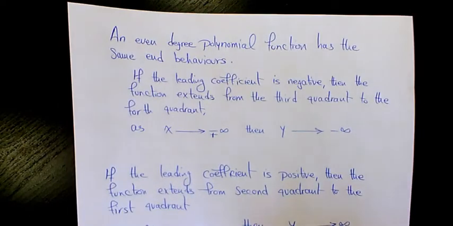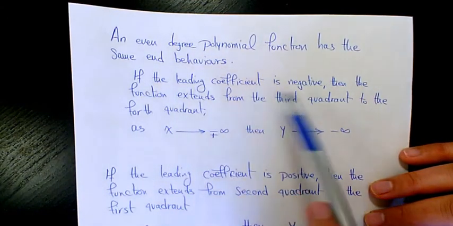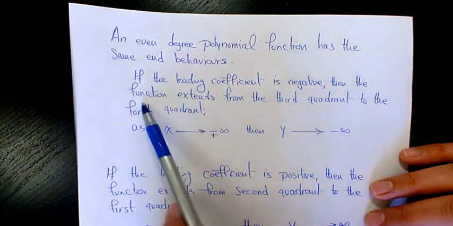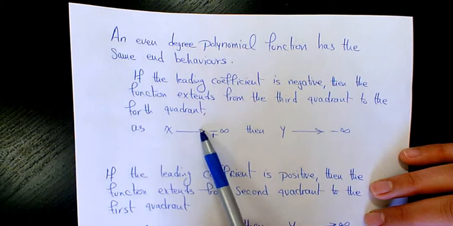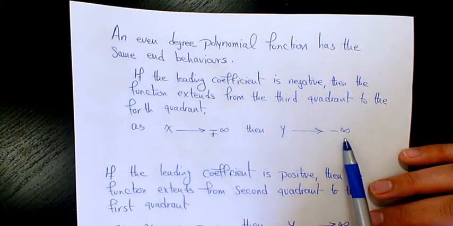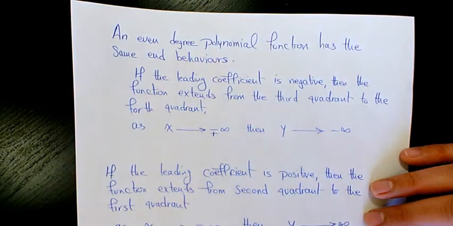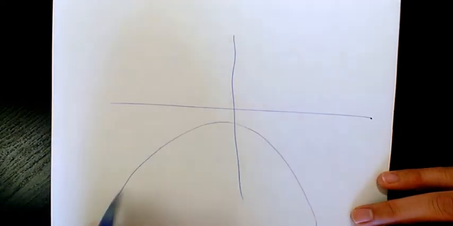Let's take a look at the even degree polynomial functions, like 2, 4, 6, and so on. If the leading coefficient is negative, then the function extends from the third quadrant to the fourth quadrant. So when x goes to positive or negative infinity, y goes to negative infinity. For example, for this even degree polynomial, if the leading coefficient is negative, it's going to be something like that.